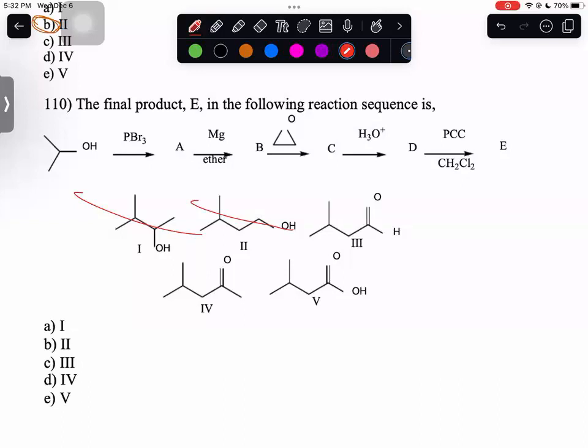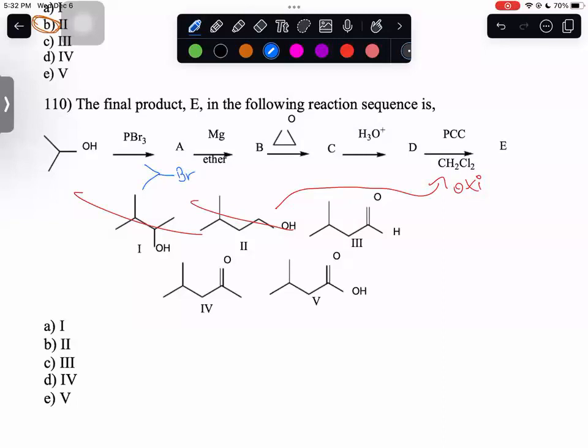Exactly. Okay, so far we're good. We just use the oxy.